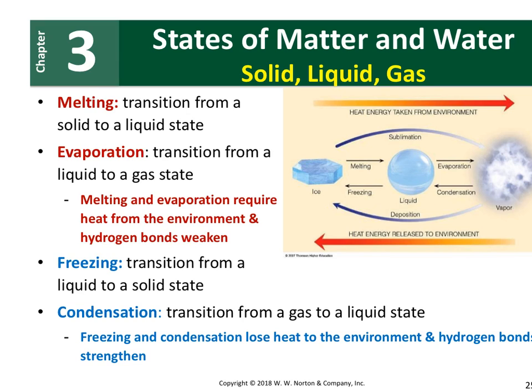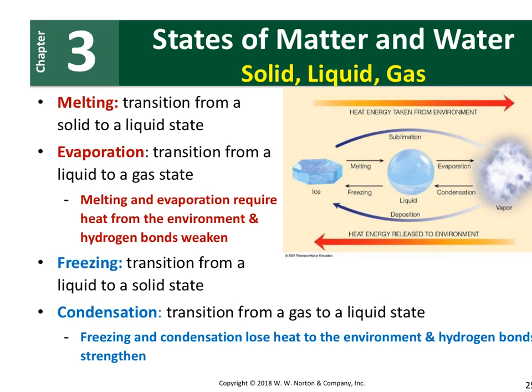And when things transition between different phases or states, they either require energy or give off energy. So melting requires heat from the environment. Let's say you take an ice cube, you put it out in the sun, the heat's coming from the sun and it melts.